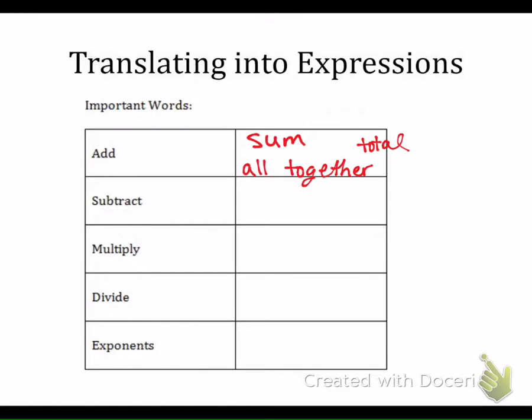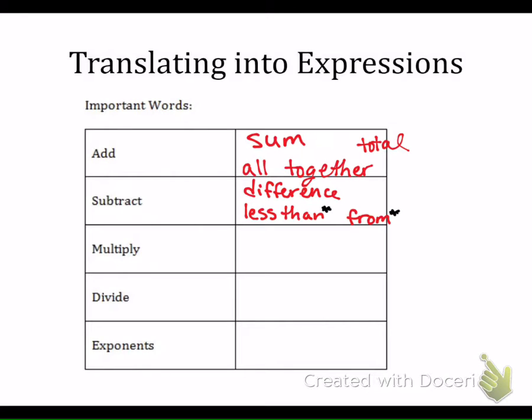All right, so subtract, a common way to say subtract is difference. Or, and these are the tricky ones, and we'll talk about them on the next slide, less than or from. And we're gonna put a little star by those because that switches your order up.